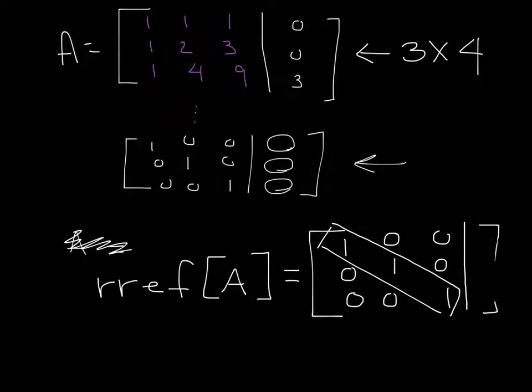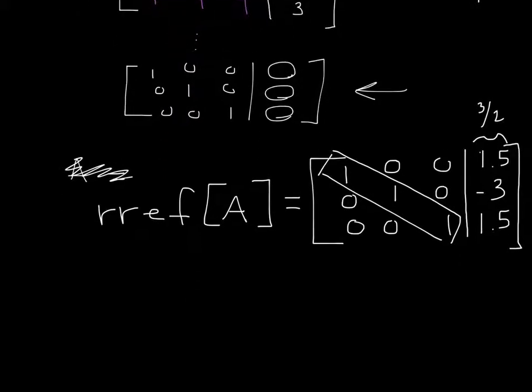And I didn't leave enough room here. Let me just go ahead and write that in. Okay, and it's going to spit out 1.5. This is going to be -3, right? And then it's going to be 1.5 again. And you can always just change that to 3/2 if you prefer working with fractions as opposed to decimals.